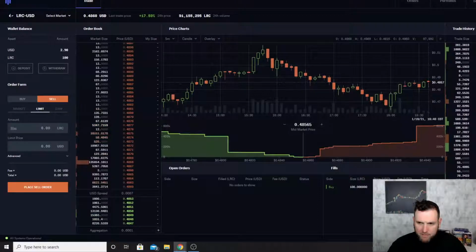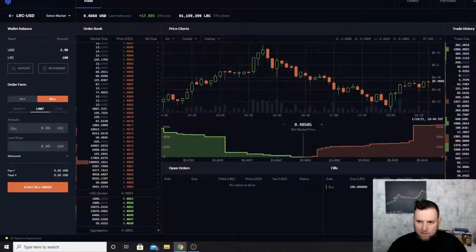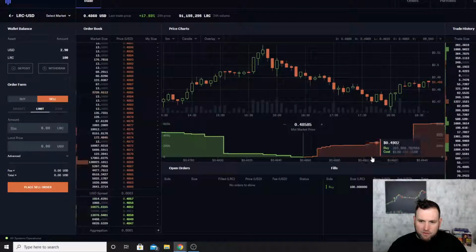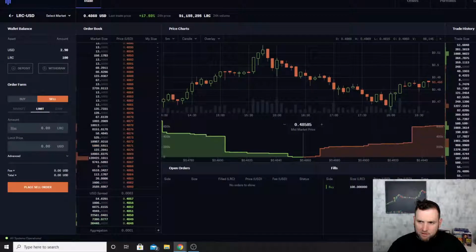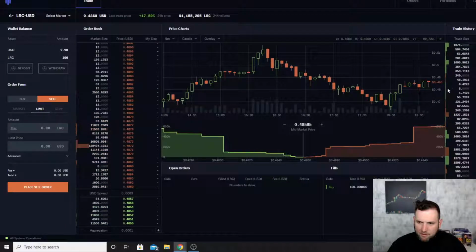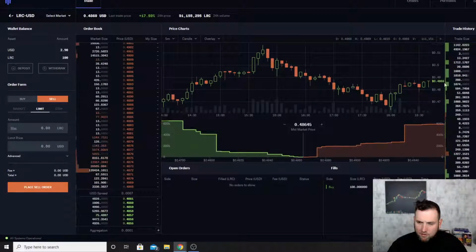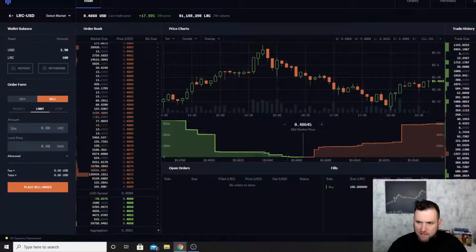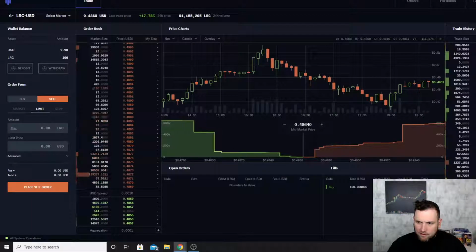Because you can see that big tail, the buyers pushed it up, and the sellers are getting pushed up, so they're having to back up on the prices at what they're selling it at. Oh yeah, look at that. That's a nice buying candle. We need to keep seeing this buying come in right here. We may get a 49-cent test here soon if this candle can keep pushing up.